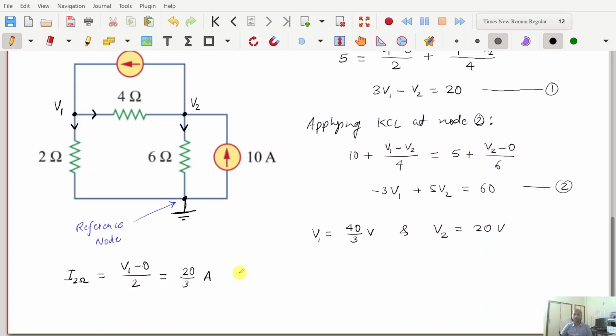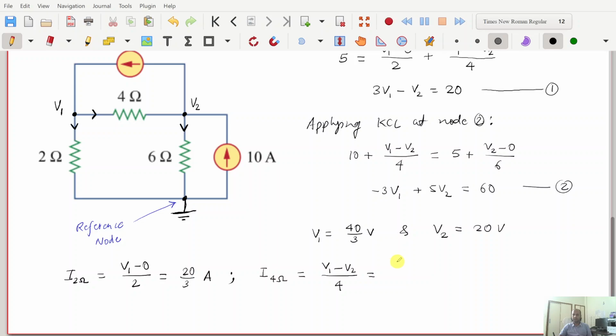What about the value of current, let's say, for example, if we are interested to find the value of current in the 4 ohm resistor? It is going to be equal to (V1 minus V2) divided by 4.